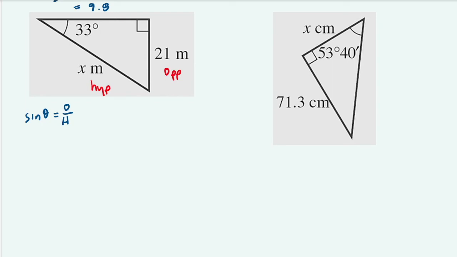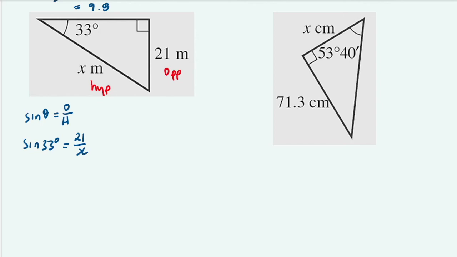So sine theta equals O over H. Now, I find it really important to start there so I know in my head I'm starting in the right spot. And I've got it written down on the page and I don't have to try to remember it later. Substitute what we know. This is going to be 21 over x.